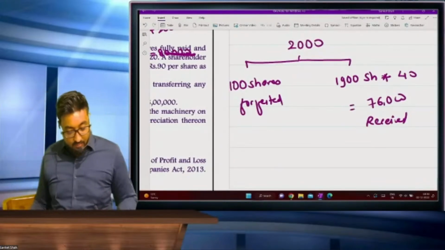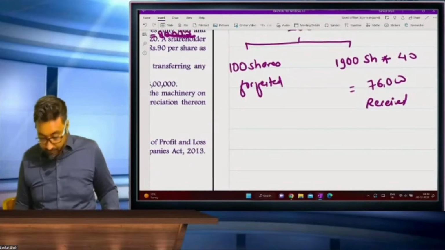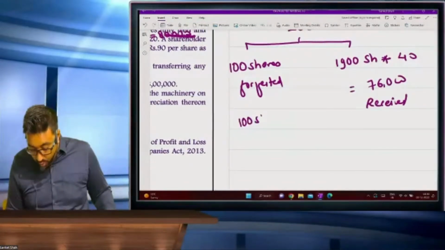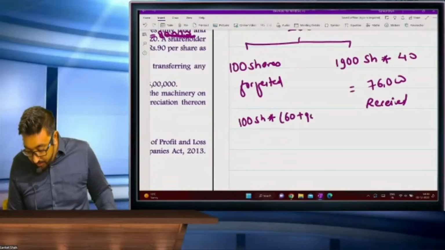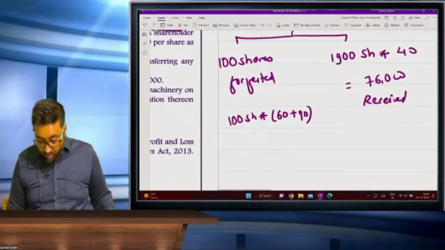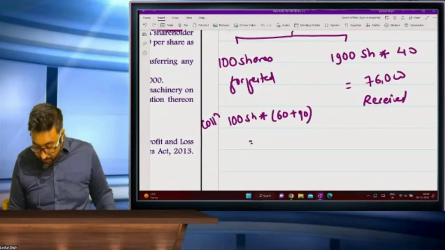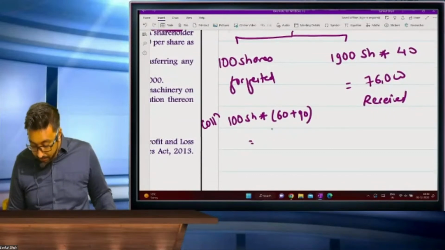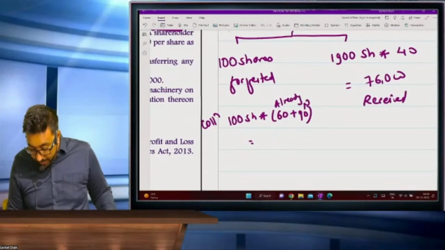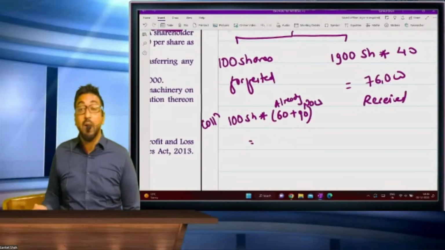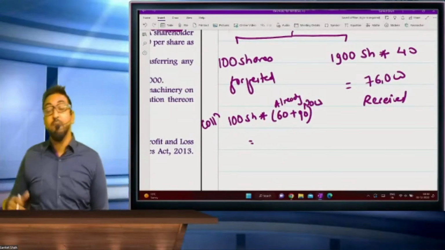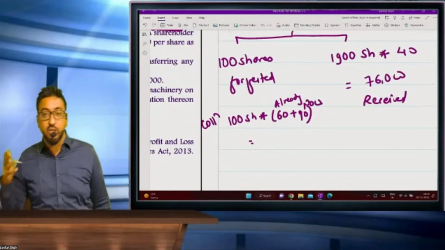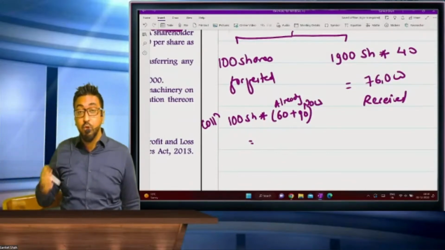ठीक है. So 100 शares के ऊपर कितना collect किया? Already 60 collected plus 90 now. So total collection 100 shares के ऊपर: 60 from ex shareholder, previous shareholder, and 90 from new shareholder.